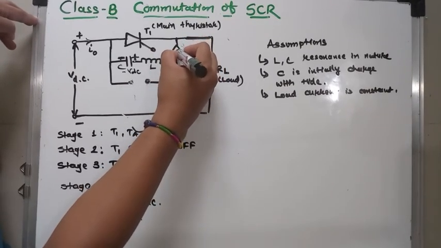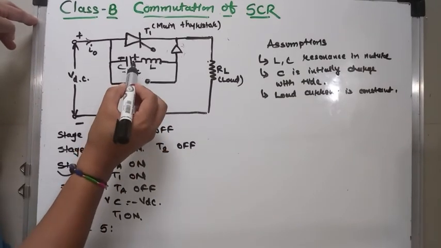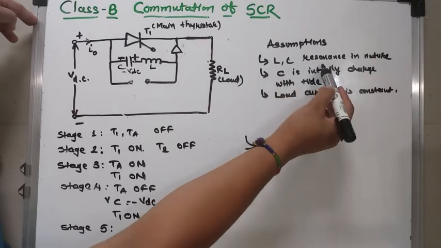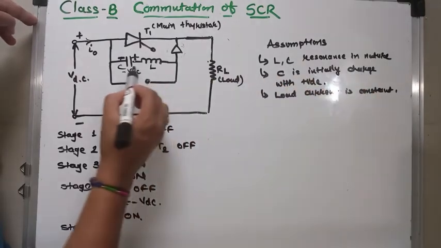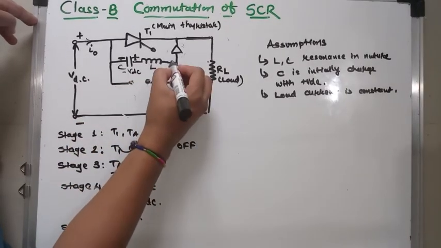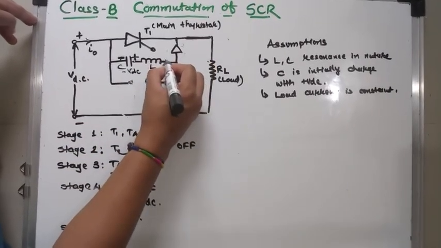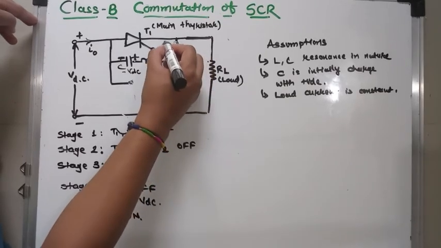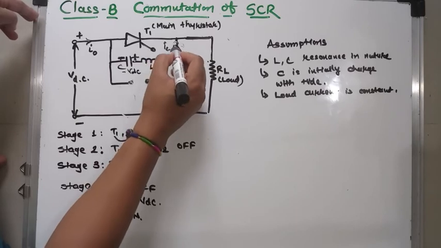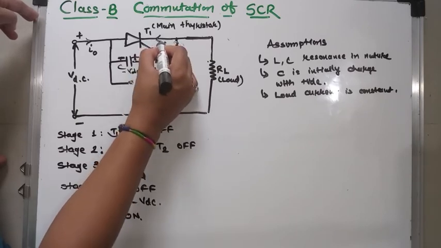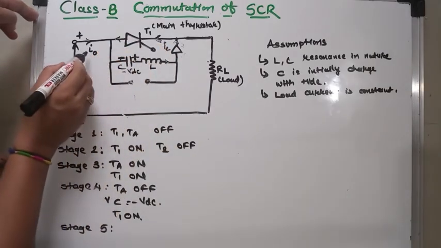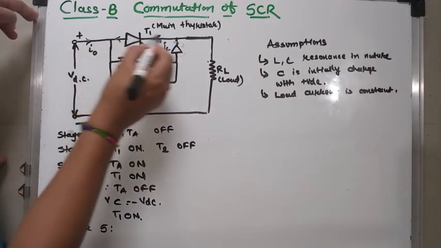the conduction mode. So now the resonance current, see here, LC forms the resonance, LC resonance in nature. The resonance current is supplied by the capacitor in the opposite direction. If I say the resonance current is IC, which is supplied by the capacitor, then the resonance current flows in the opposite direction, from cathode to anode, and already I0 is flowing from anode to cathode.